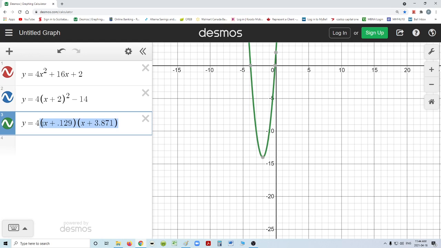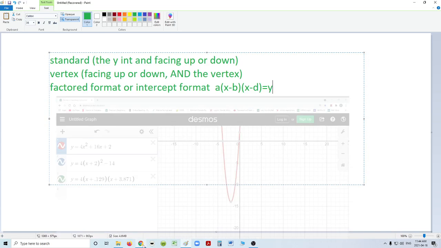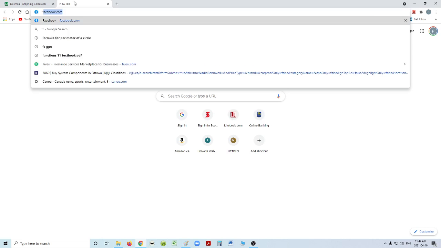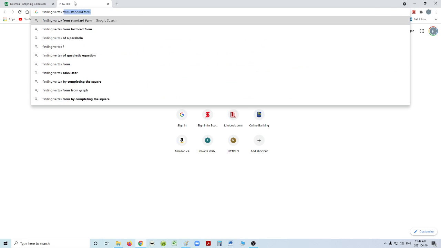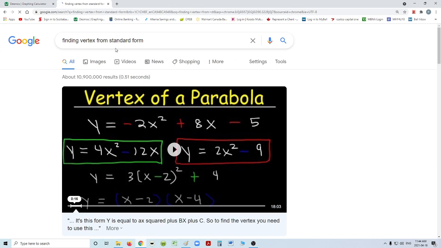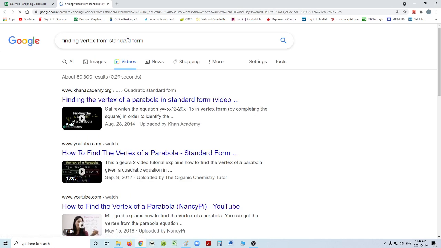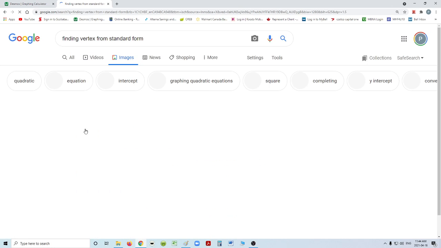I want to go back a little bit and discuss something interesting about the standard format. You can actually find the x value of the vertex from the standard format, and I believe if you Google finding vertex from standard form, there'll be videos explaining it too, and there's always going to be an image.